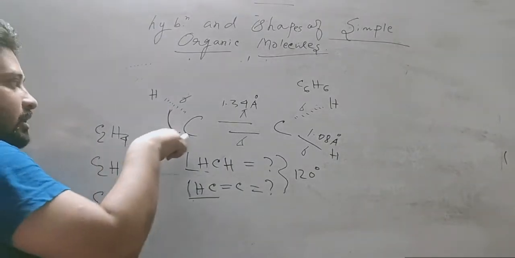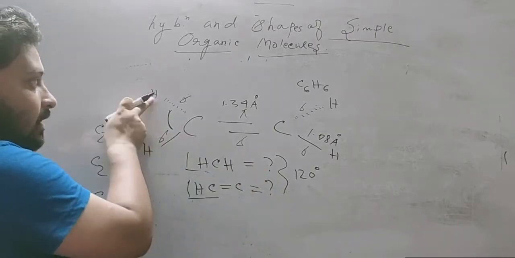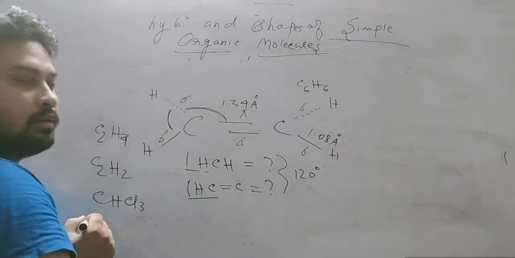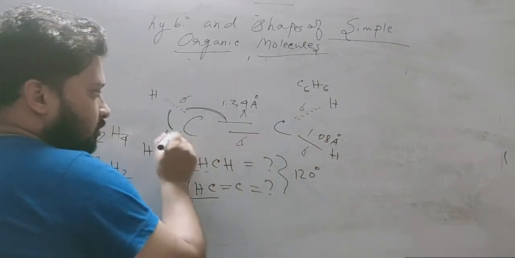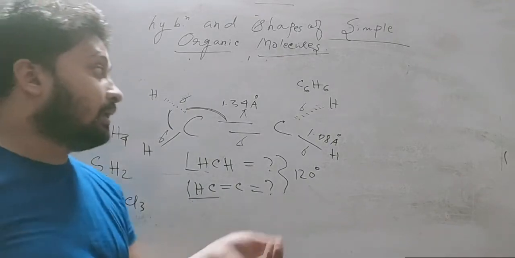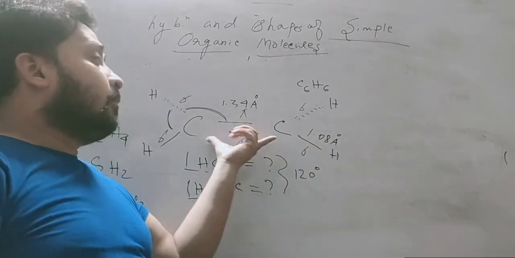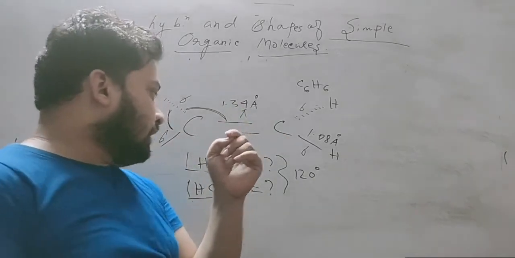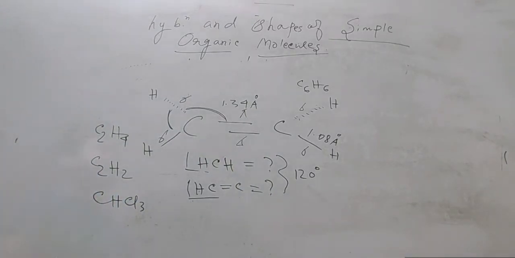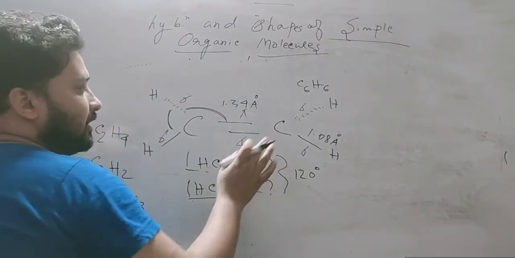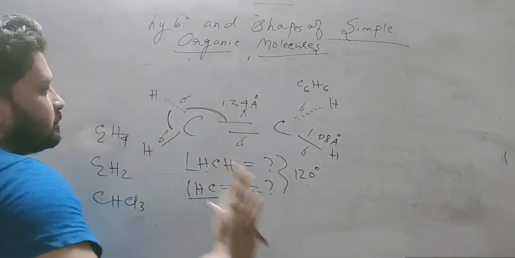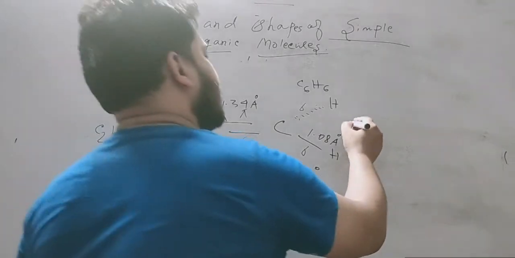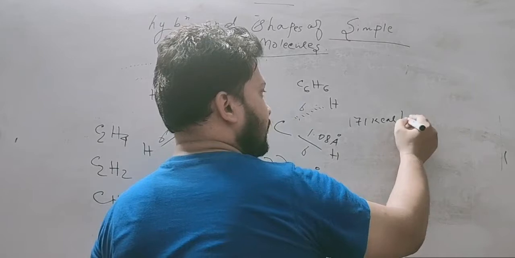Bond angle between hydrogen, this is 120, and the hydrogen carbon angle also 120. That's it, 120. But the bond length of carbon hydrogen is 1.08, and the bond length between these two carbons is 1.34 angstrom. So here carbon hydrogen is sigma bond, and the carbon-carbon has two types of bond, sigma and pi. And the bond energy required is 171 kilocalorie per mole.